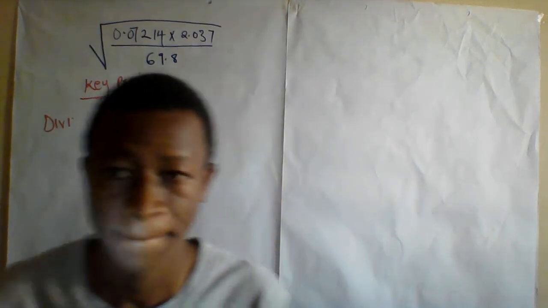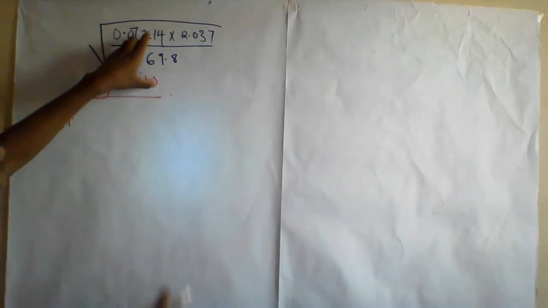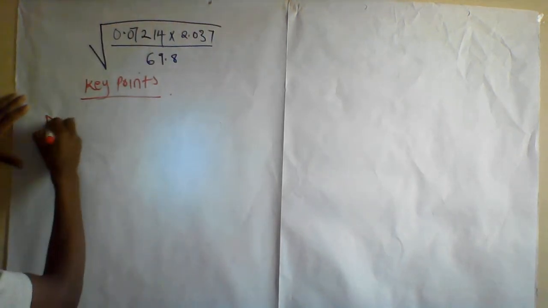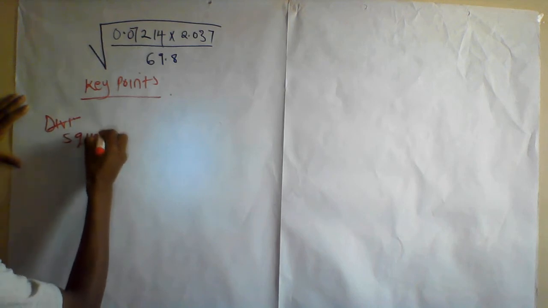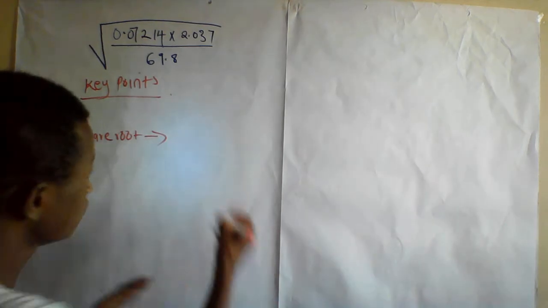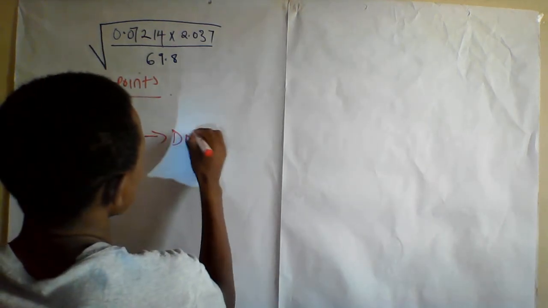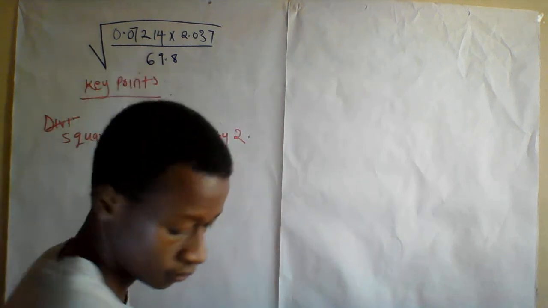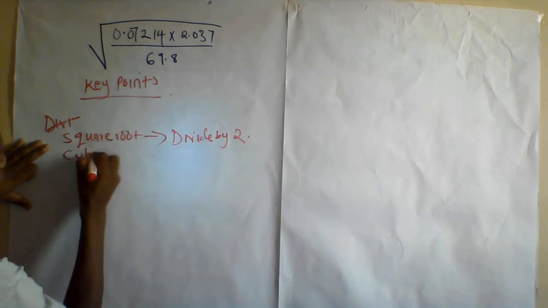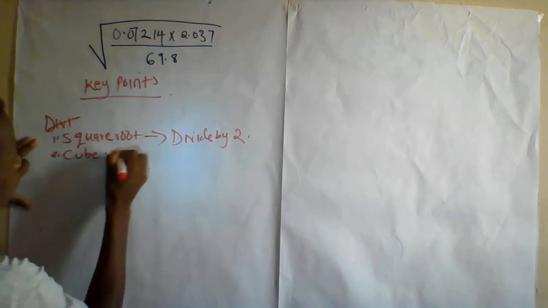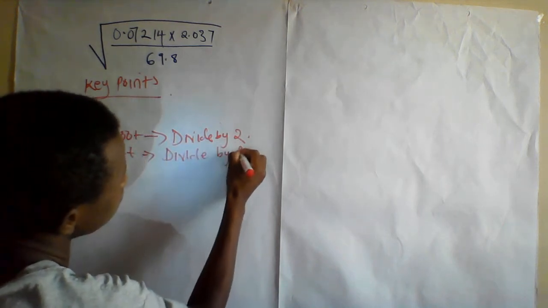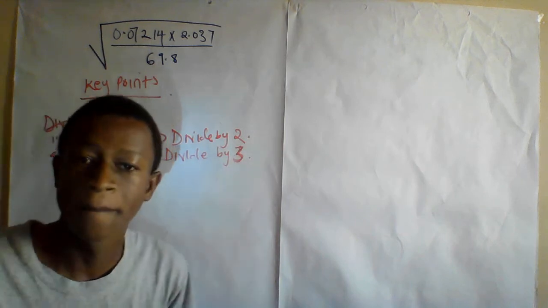For the key points, if it is the square root, what you just do is divide by 2. Are we together, student? Okay. If it's a cube root, you divide by 3.